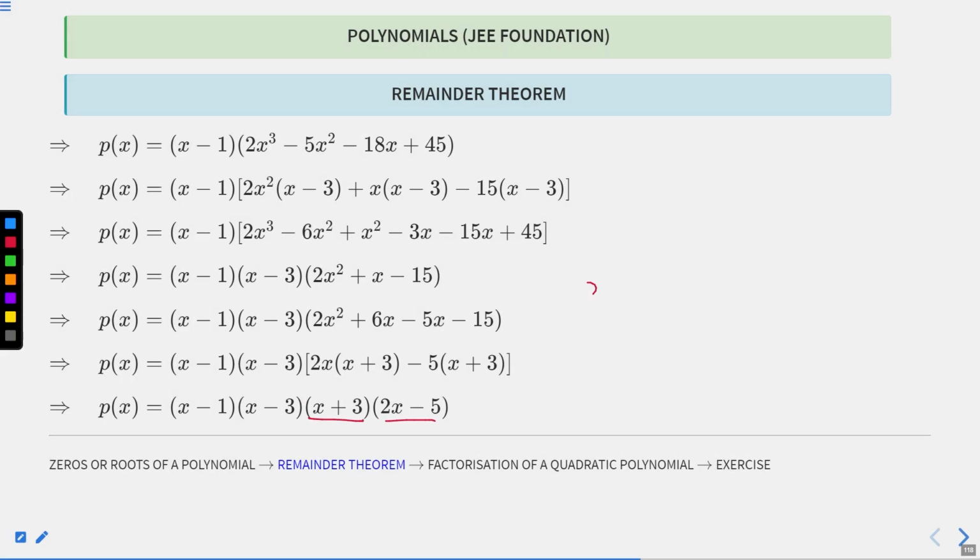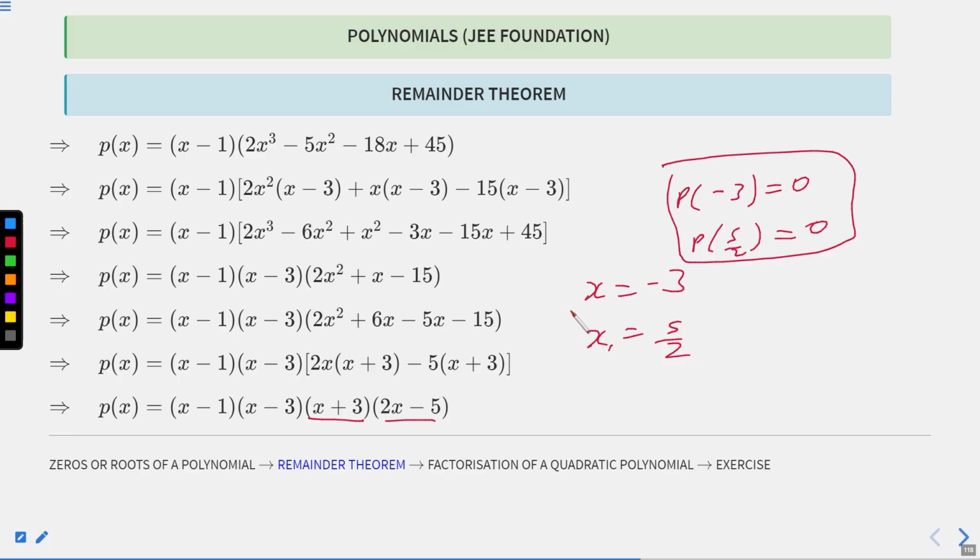If you try to put x equal to minus 3 and x equal to 5 by 2, you will get p of minus 3 equal to 0 and p of 5 by 2 also equal to 0, because these are also factors of the given p of x. I hope you can verify them also.